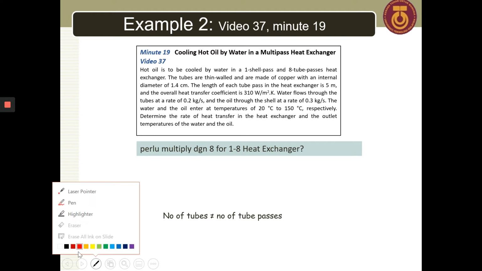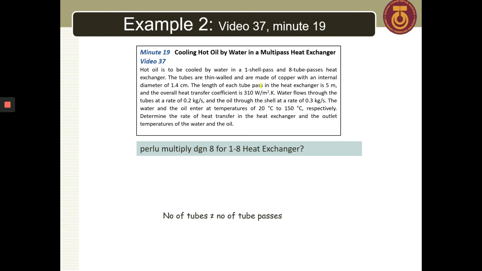But here, the length given is actually the length of each tube pass. So maybe I could show this. The length of each tube pass, and it is clearly given that the number of tube passes is 8. Is it necessary to multiply it by 8 for the 1-8 heat exchanger?